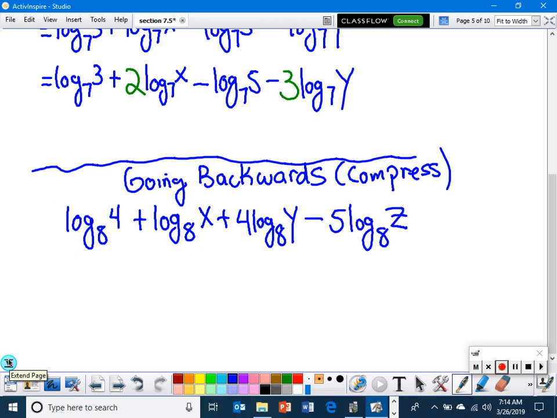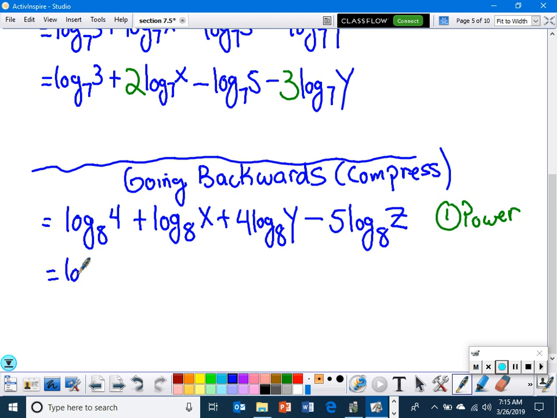When I put it together, I'm actually going to go in the other direction. I'm first going to do the power property. So when putting it together, we want to go backwards. So we want to take care of the power property.